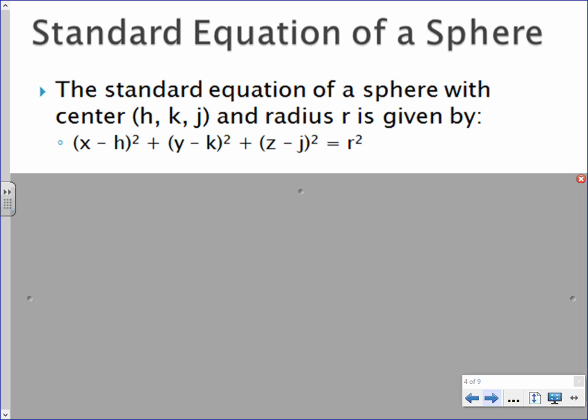Now, some of you are bothered by the order of the center. I am sorry, but the j is last. Because i is the imaginary number. We also use it for vectors.